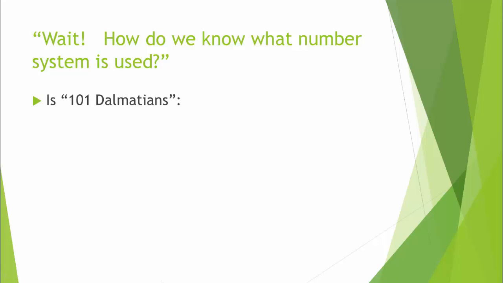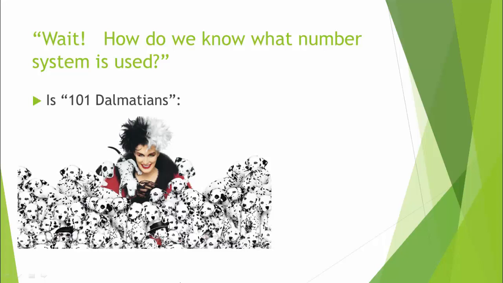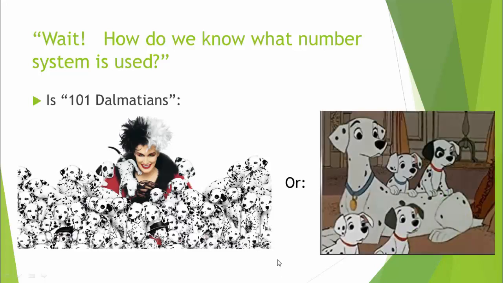So you can ask yourself, is this number this, or is it this? Right? So we're saying, is this a decimal number, 101, or is it a binary number, 101? In which case, this would be the number of dogs.